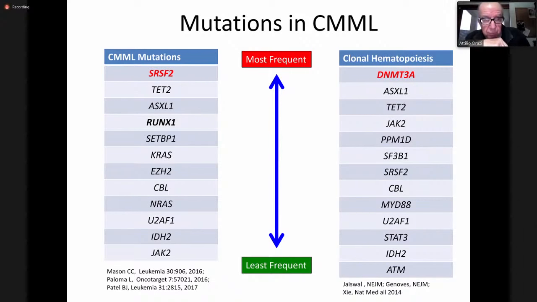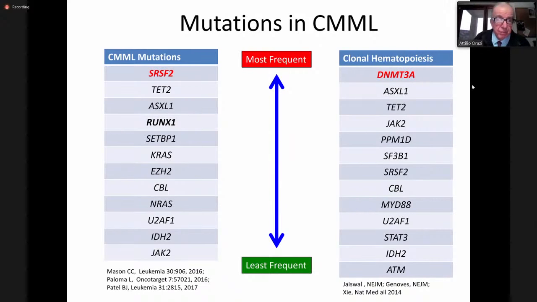So SRSF2, for example, 40–50% of CMML have SRSF2 mutation, a spliceosome mutation. But if you look at the clonal hematopoiesis of old age, yes, you do find SRSF2, but it's down here, at about the 6th or 7th position. So it's not that common. TET2, for example, is very common in clonal hematopoiesis of indeterminate significance.